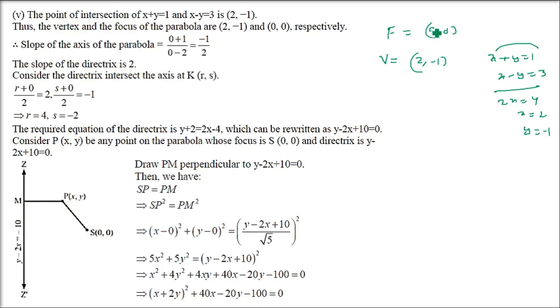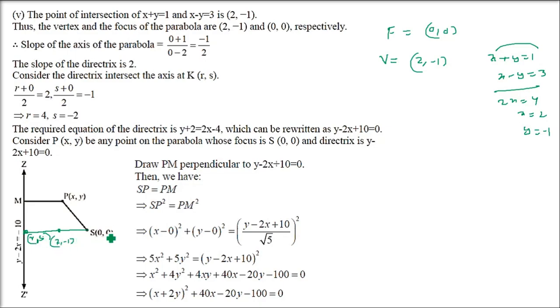Take the distance of the line, meaning first you have to find out the equation of the directrix. Okay, the directrix equation you have to find out, because the focus is known. So this has come as 2 comma minus 1, which is the vertex. So you have to find out this point, which is the intersection of the axis with the directrix.